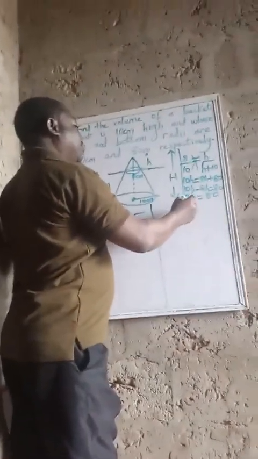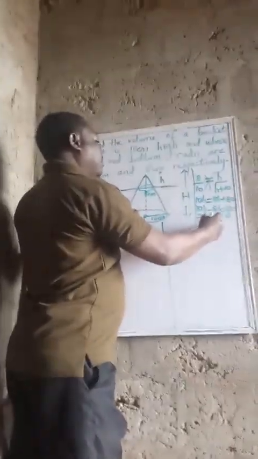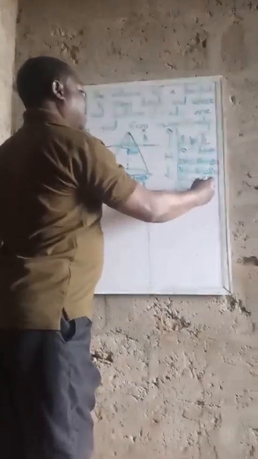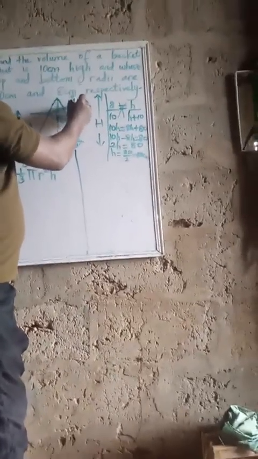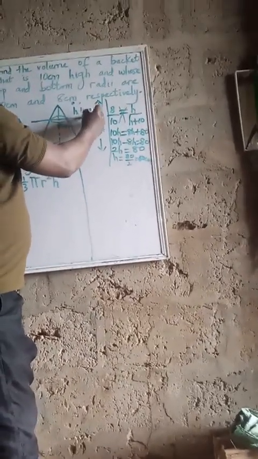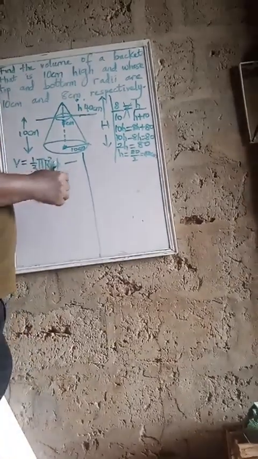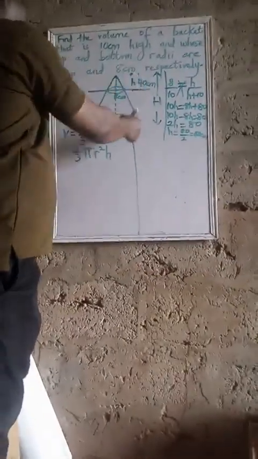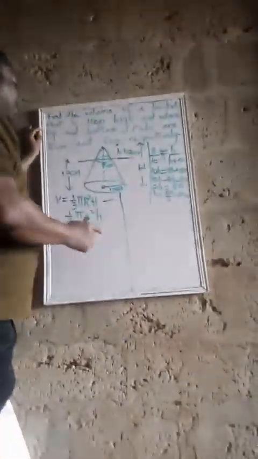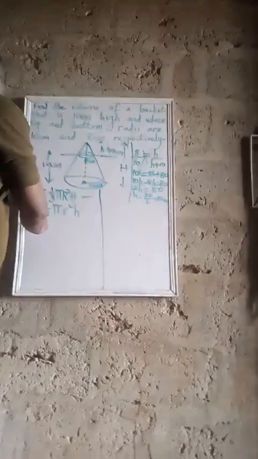Then divide both sides by 2. h is equal to 80 over 2, that is 40 centimeters. So this height from here to here is 40 centimeters. The total height for this big cone is 40 plus 10, and that is 50. So this big H is 50.